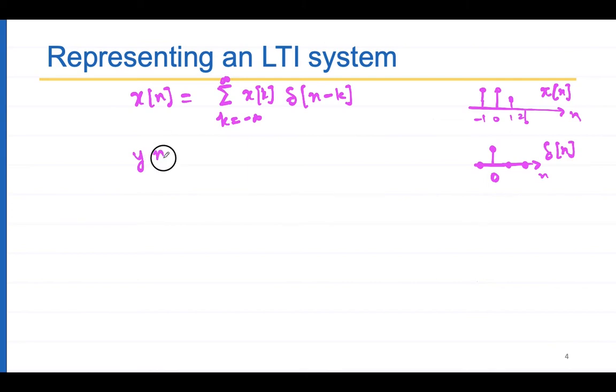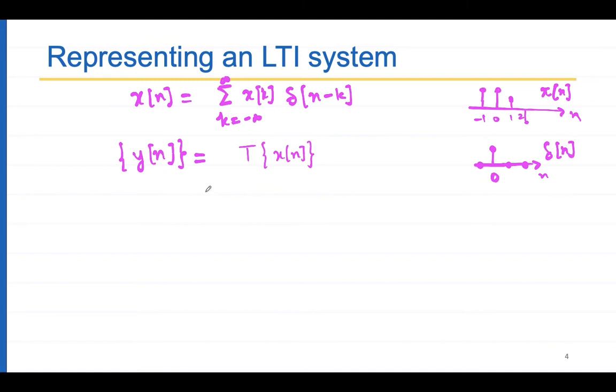Now in general, my yn sequence is equal to the transformation of the sequence xn, right?